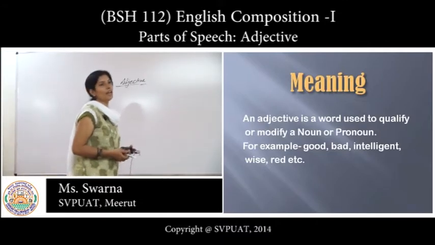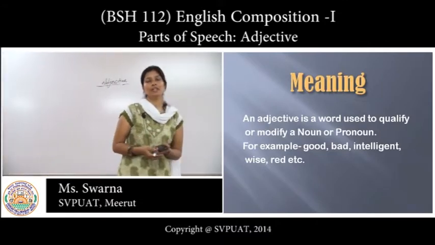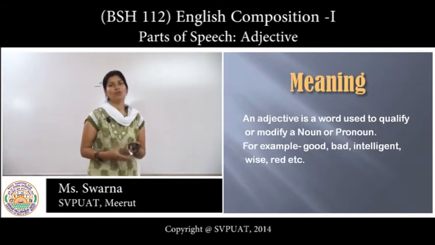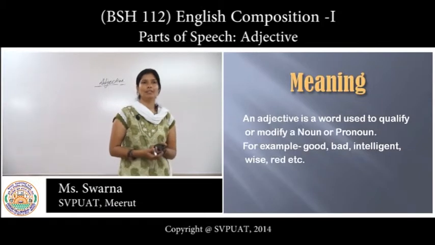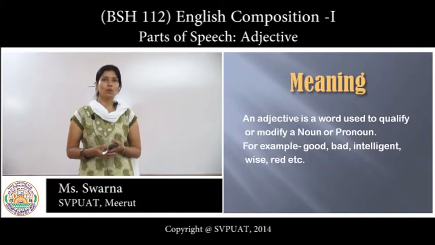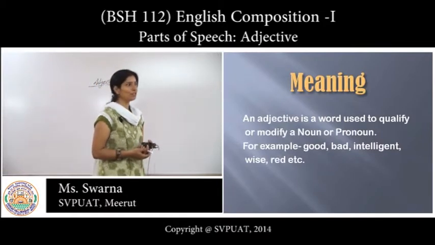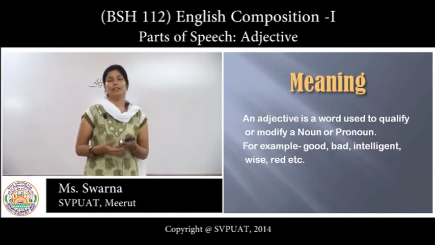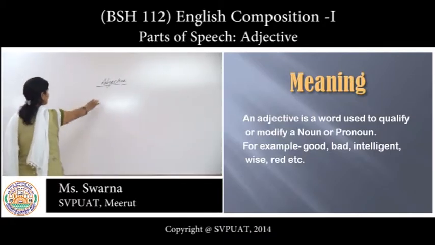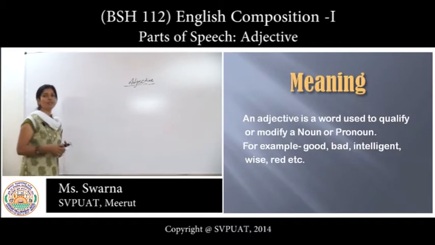Because as I had already told you in the last lecture, it's part of grammar, and grammar is the base of any language, and grammar is the art and science of using a particular language. So you should know about the parts of speech, which is the main topic in any language grammar. So the next part of speech is adjective. Adjective is what?